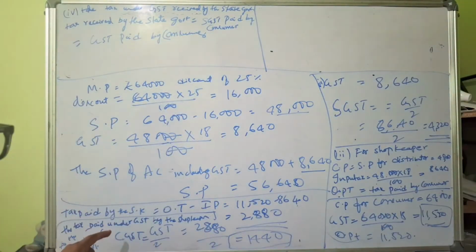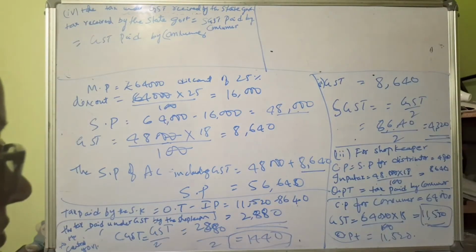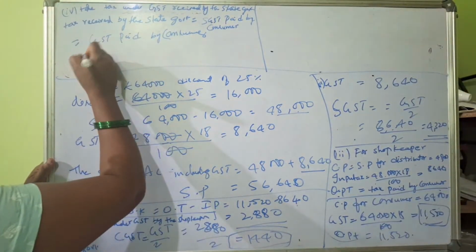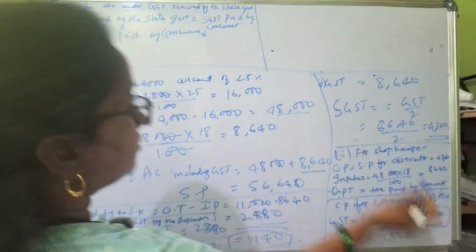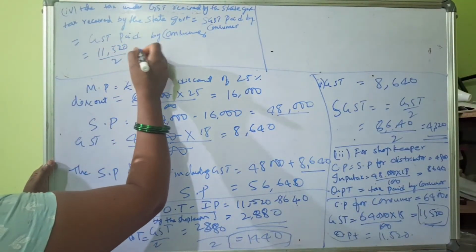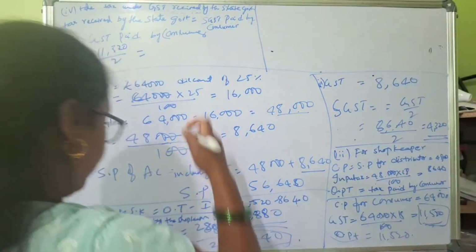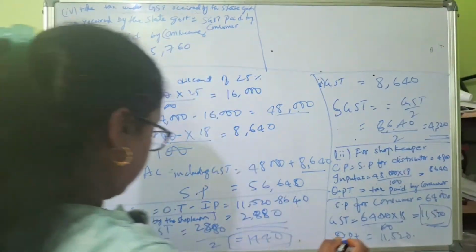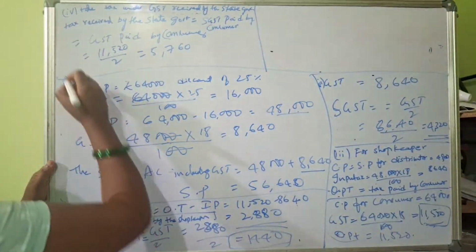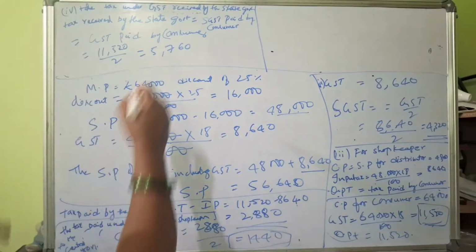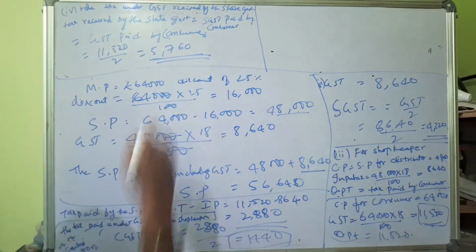GST paid by the consumer is 11,520 divided by 2, which is equal to 5,760. So hence the tax received by the state government is 5,760.